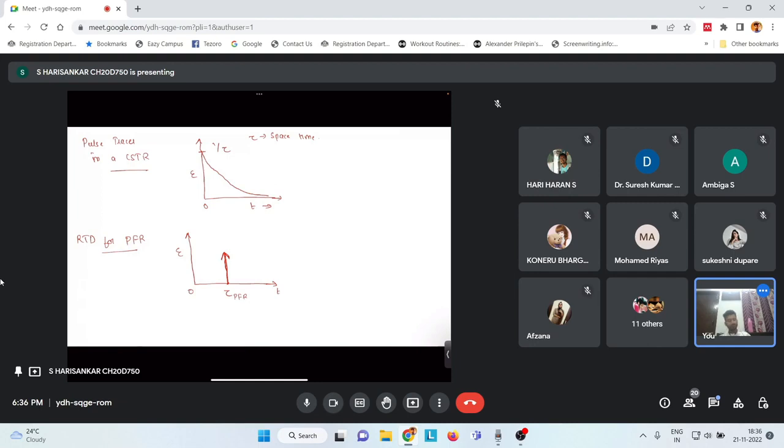Now, let's say you have a CSTR and PFR in series, so you have a PFR followed by a CSTR. Then your residence time distribution will be like this.